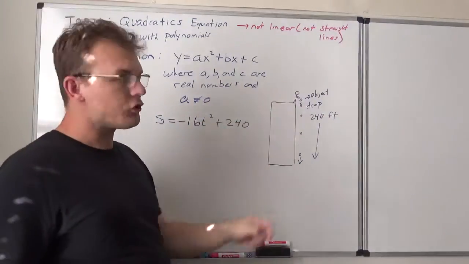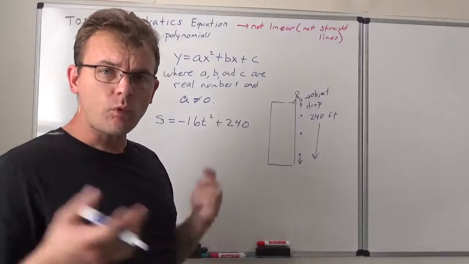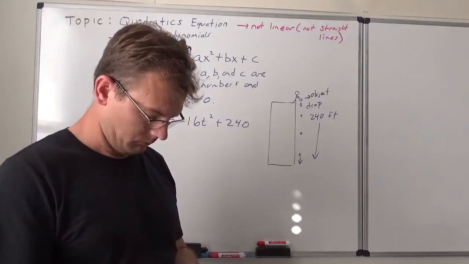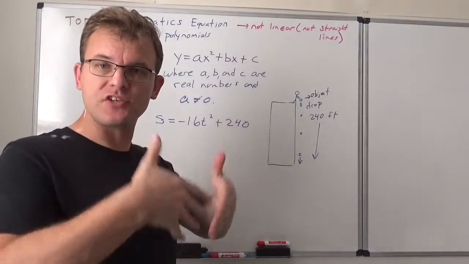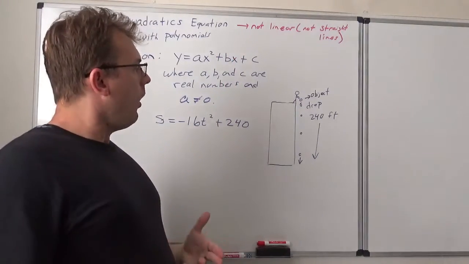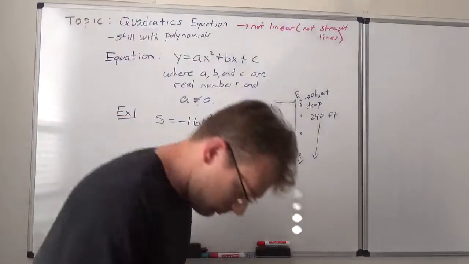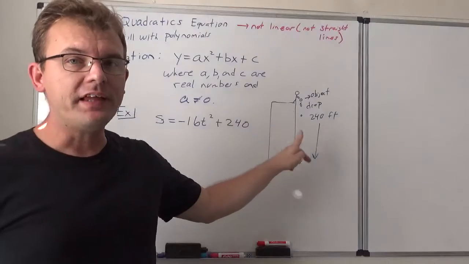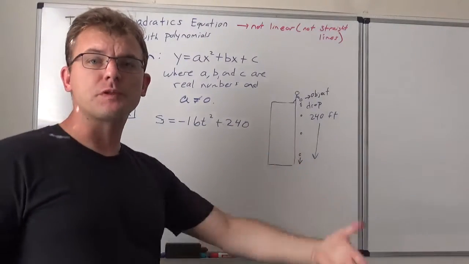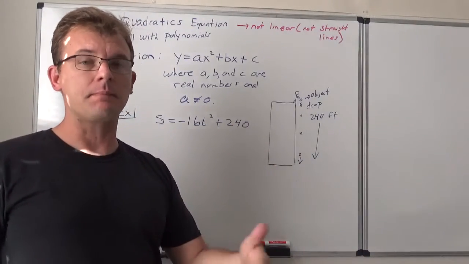Well, when you drop an object, we have this thing called gravity. And gravity makes things drop to the center of the earth. This formula is actually taking this example into perspective, and we can calculate some numbers.